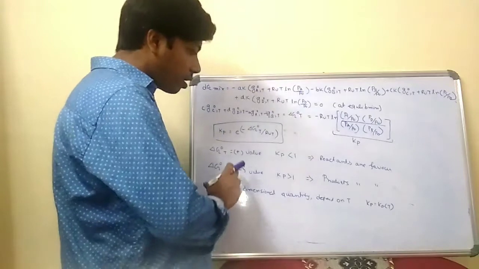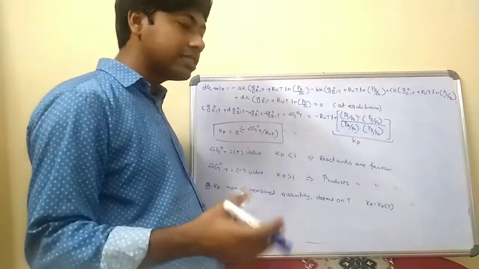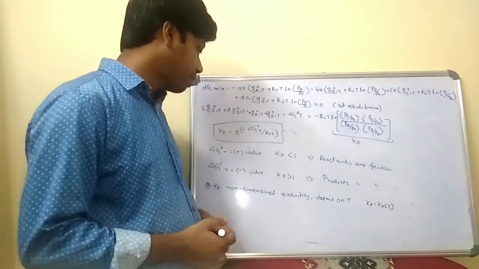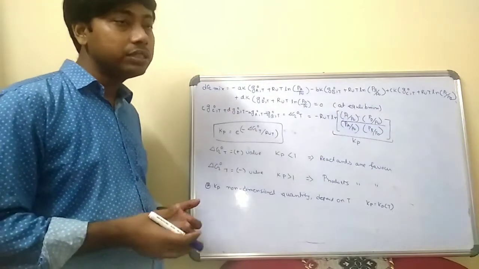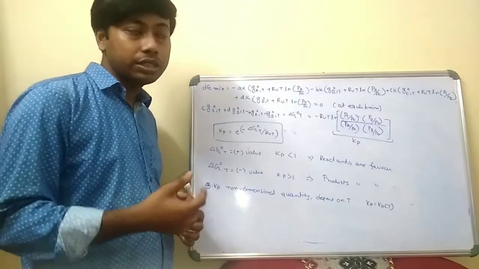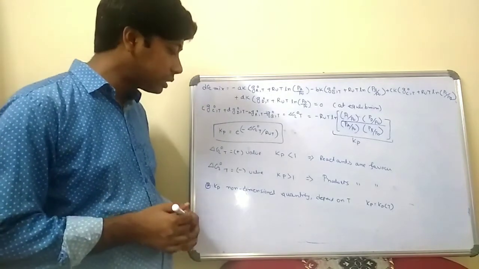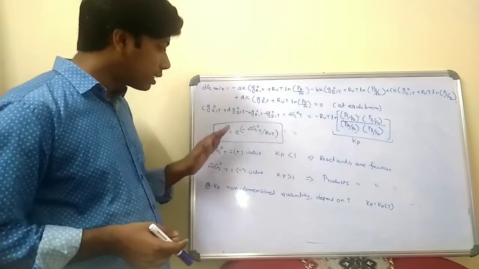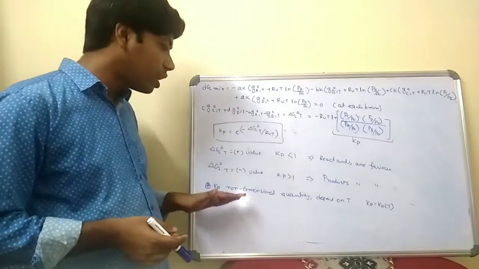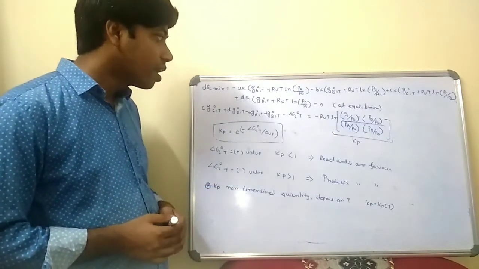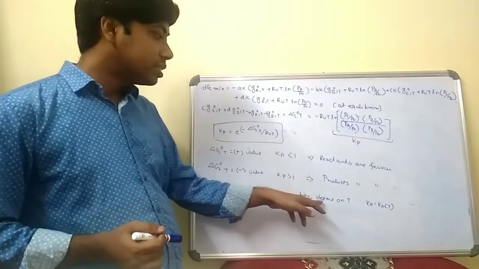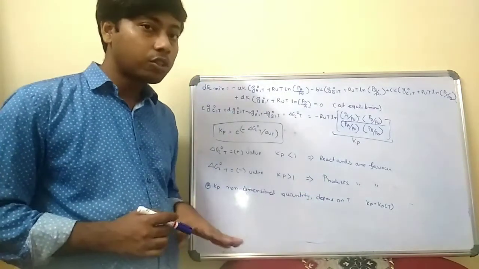In this way we can say whether the condition is reactant favorable or product favorable. You can also calculate the Gibbs free energy change for chemical equilibrium conditions. One more thing: Kp is a non-dimensional quantity, and it only depends on temperature, not pressure.